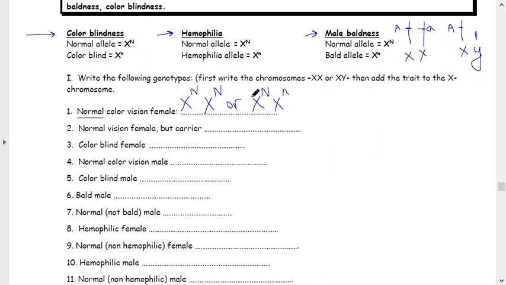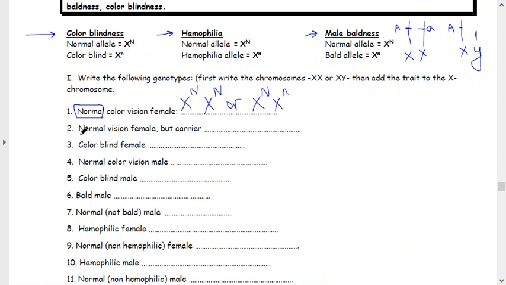This is kind of a different category. These are sex-linked, so really the only new thing is the fact that the chromosomes are in our notation. You'll notice it's kind of like what we did with the multiple alleles. You have the chromosome and then the exponent, the superscript. So either one of these would get you a normal color vision female.